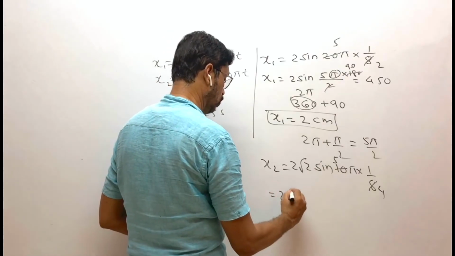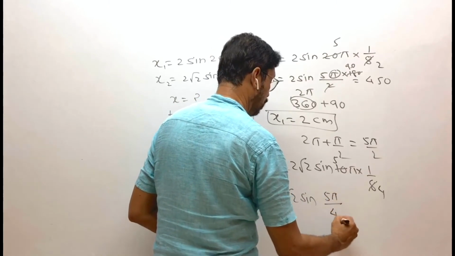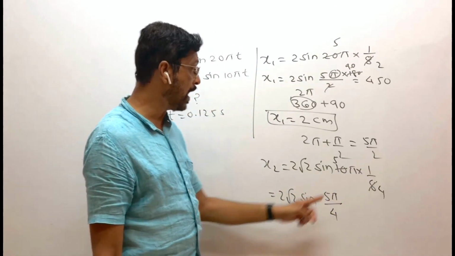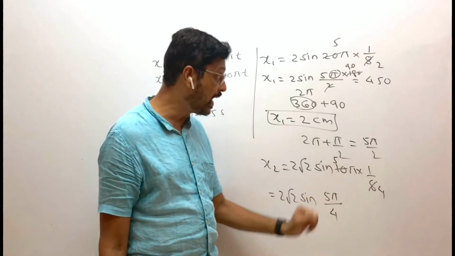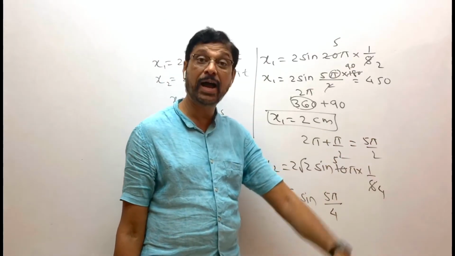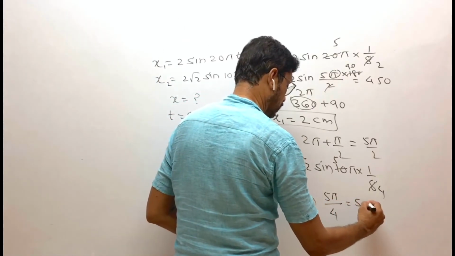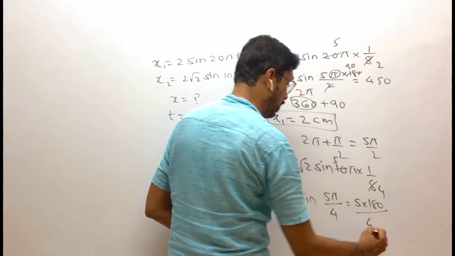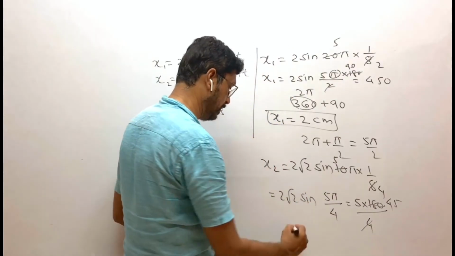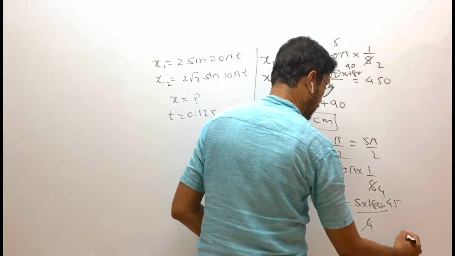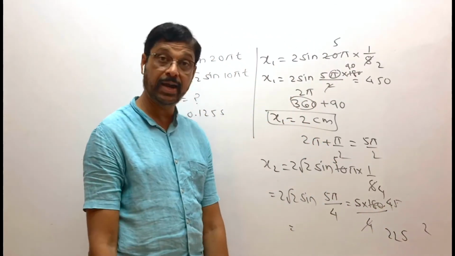So this is 2 root 2 sine 5 pi by 4. 5 pi by 2 की जगह क्या है? ये 5 pi by 4 मतलब आधा, मतलब 450 का आधा 225 है ना? या फिर ऐसे करो इसको, 5 into 180 upon 4. 4 4s are 16, carry 2, 4 5s are 20, 5 5s are 25, carry 2, 5 4s are 20 plus 2, 22, 225.